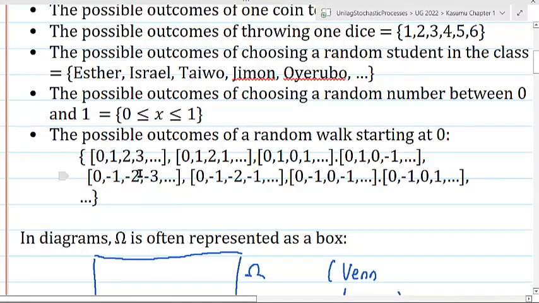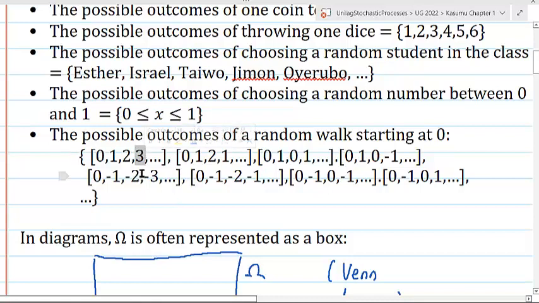After 3 steps, what are the possible outcomes for the third step? Well, the smallest one is minus 3. The largest one is 3. The other 2 possibilities are minus 1 and 1. So after 3 steps, the possible outcomes are minus 3, minus 1, 1, and 3.